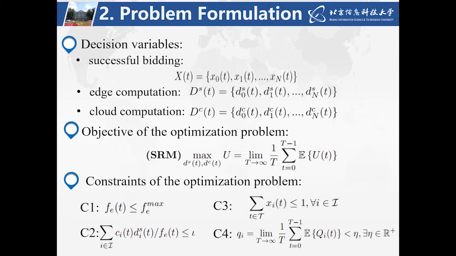Constraint 3 is that each IoT device's computation task should be completed in only 1 time slot, so they can only win a maximum of 1 bid. And the last constraint guarantees the task queue stability of each IoT device.